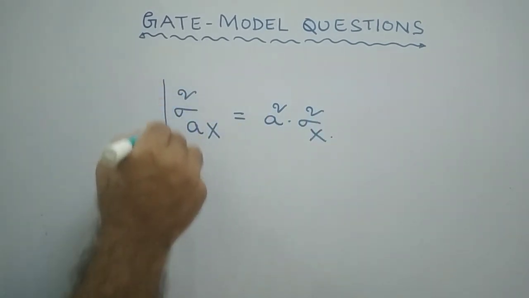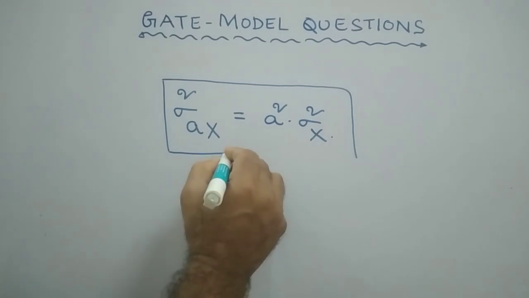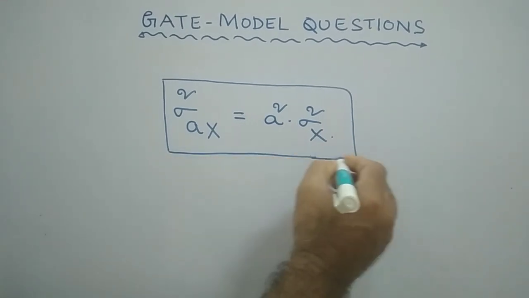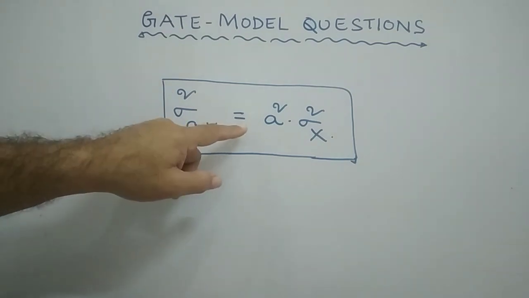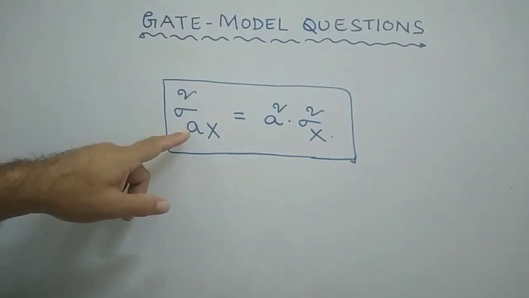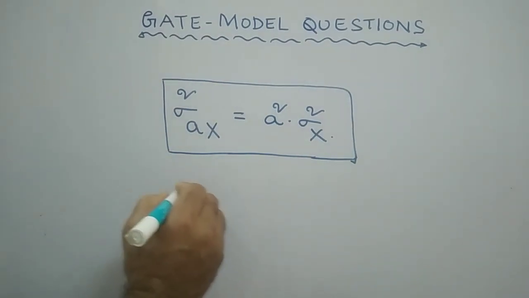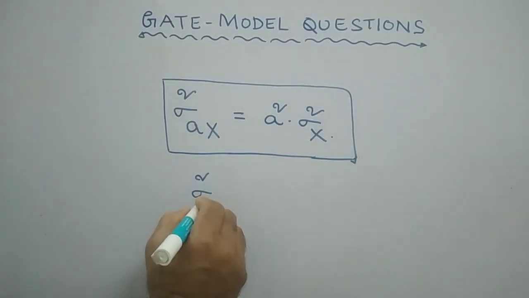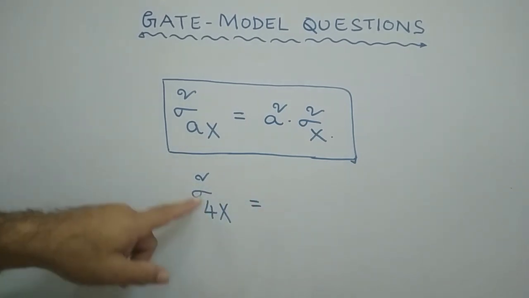That is the property. In GATE examinations, one more question can be expected like this. Sigma square of a into x is equal to a square times sigma square of x. For example, if 4x is given, then what is the variance?